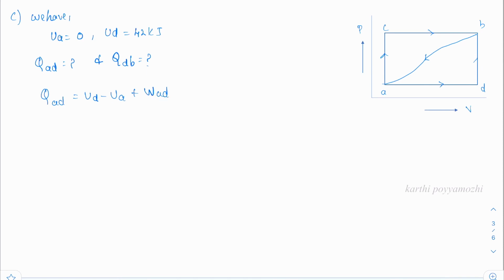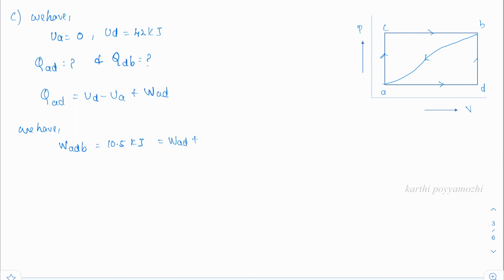But we can find the value of WAD by equating the work done along the path ADB, which is equal to 10.5 kilojoule.